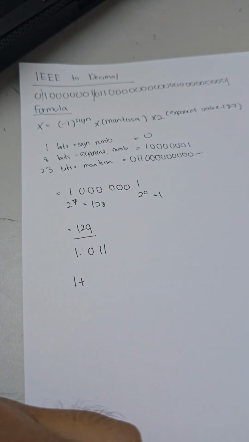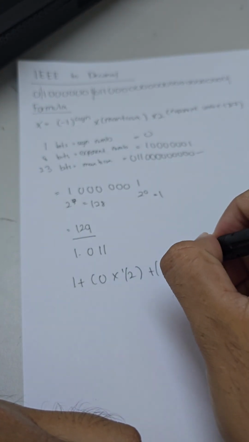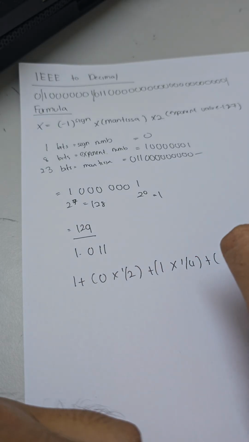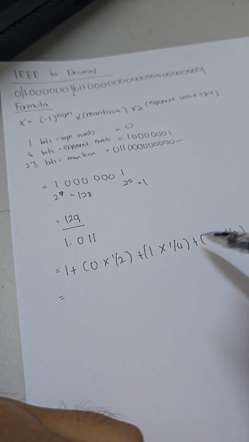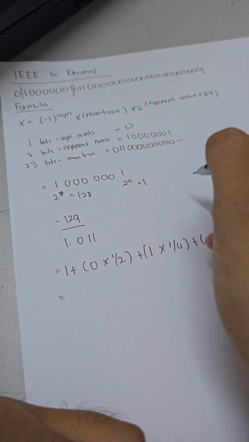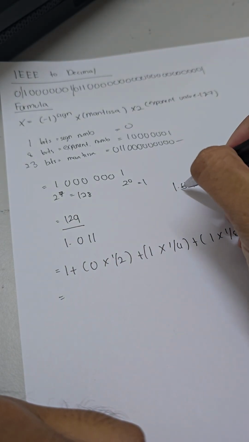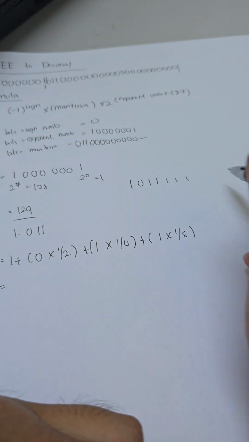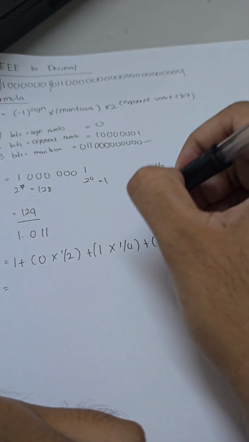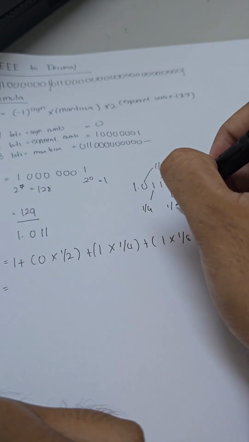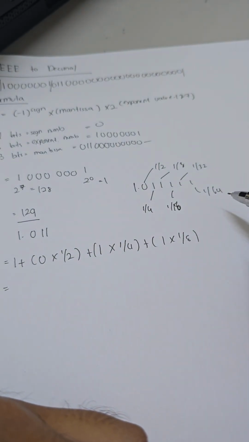After the dot, we multiply each digit by fractions: the first is half, then 1 over 4, 1 over 8, 1 over 16, 1 over 32, 1 over 64. This is just from my understanding.